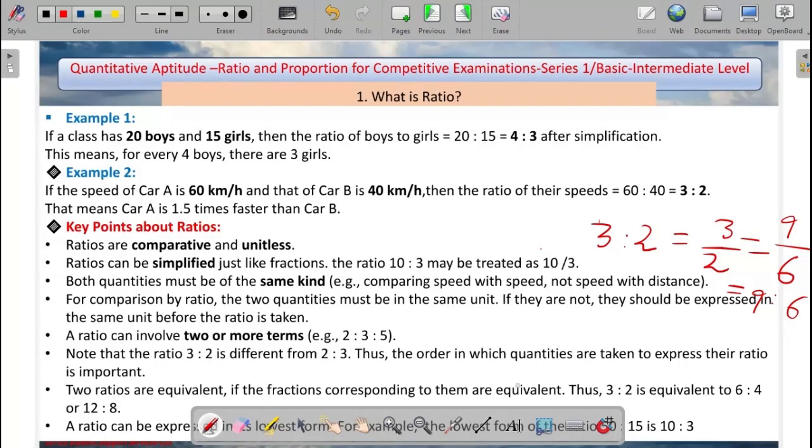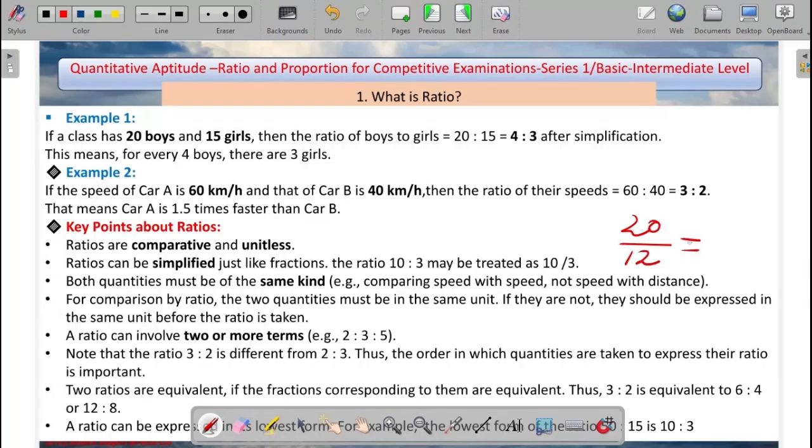A ratio can be expressed in its lowest form. Say 20 by 12.